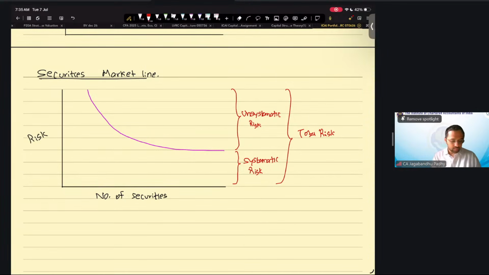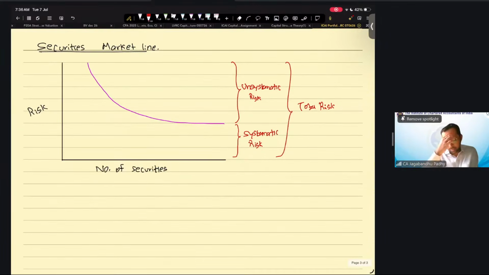And therefore, the securities market line is going to tell us something about the return that an investor would accept. Whatever be the number of securities, you are definitely going to have a certain amount of systematic risk which you have to bear.